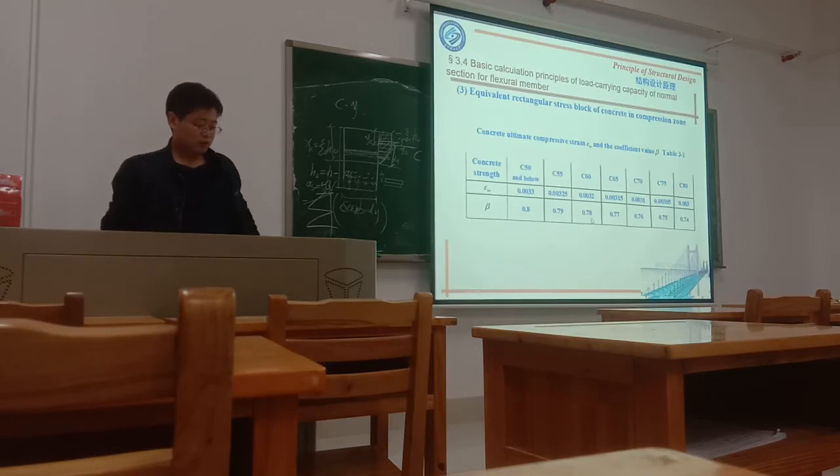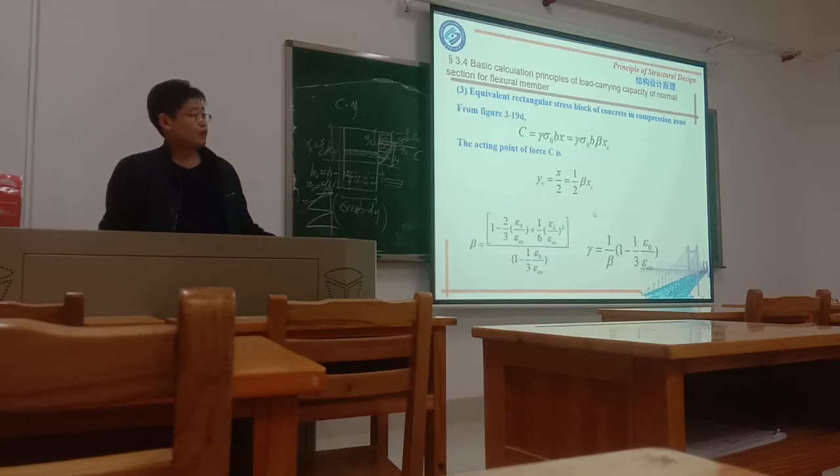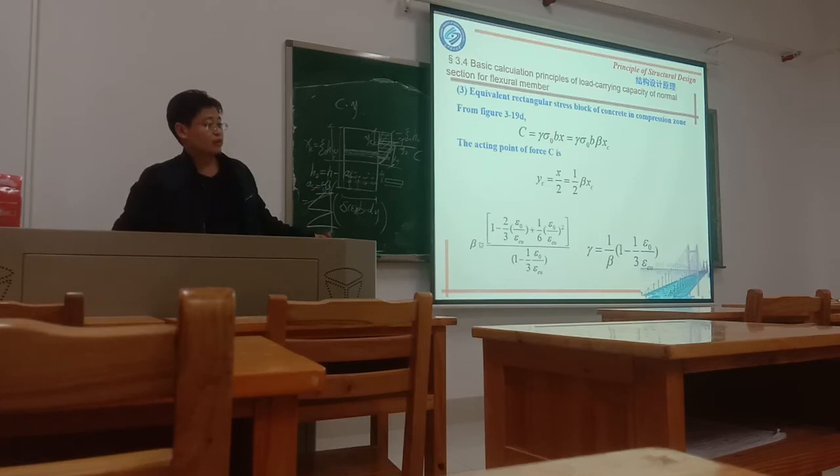When we check the code, it does tell you how this value comes from. But now we just tell you how we got that different grades of concrete have different values of beta: just use this equivalent rectangular stress block and this formula, then you can get this beta value.